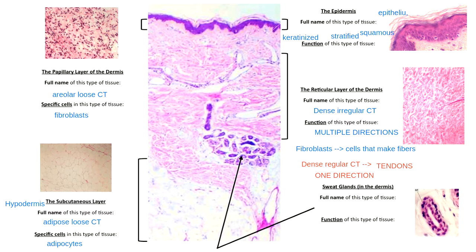Absolutely. Yep, it's all about protection. So protection from abrasion, from UV. A couple of us mentioned water loss. Absolutely. Keratinized stratified squamous epithelium. This kind of tissue keeps you safe. This is your boundary between inside and outside.